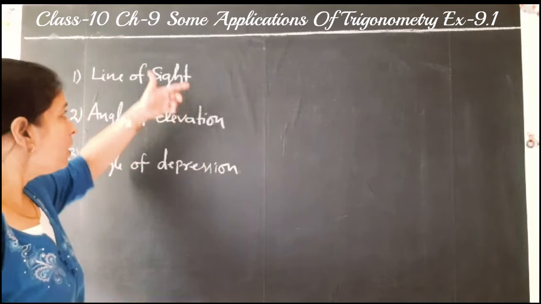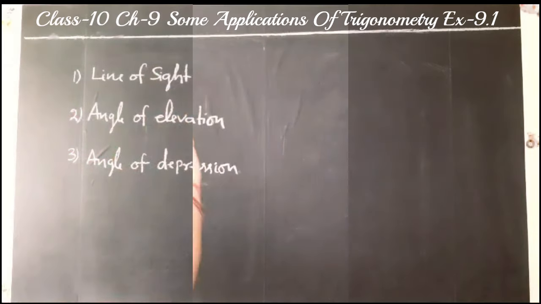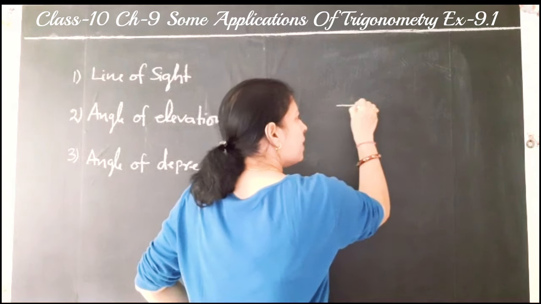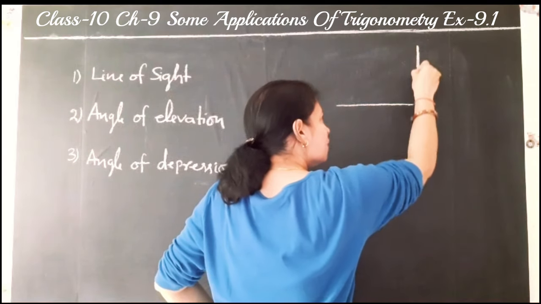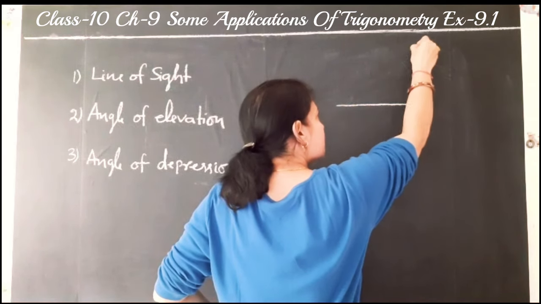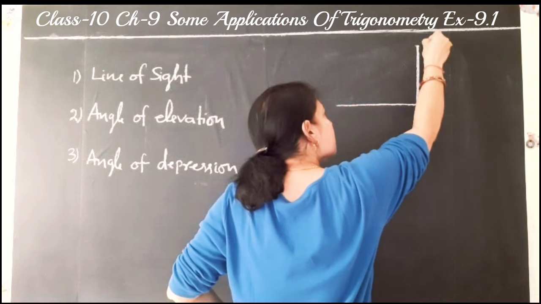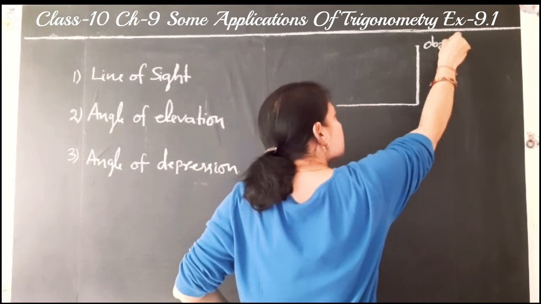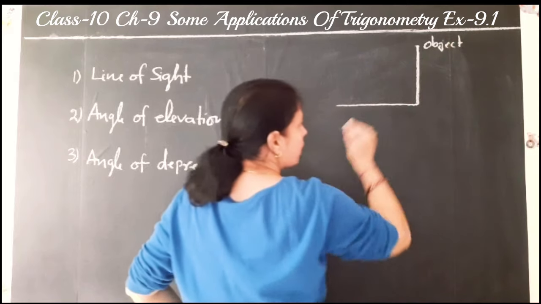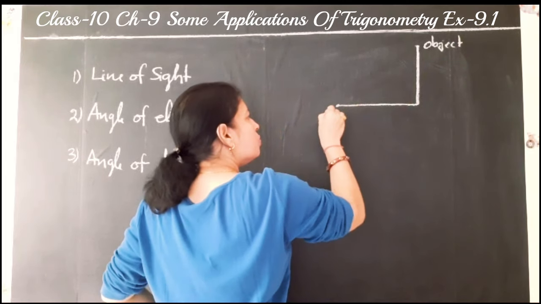So let us see these points first. Suppose an object is kept above the horizontal level. Suppose this here is the object, and here is the observer.